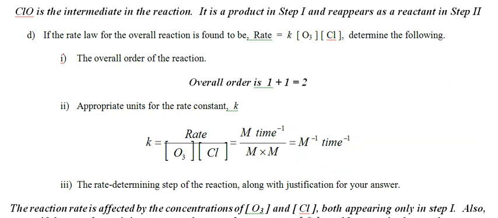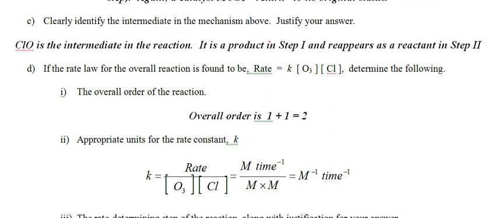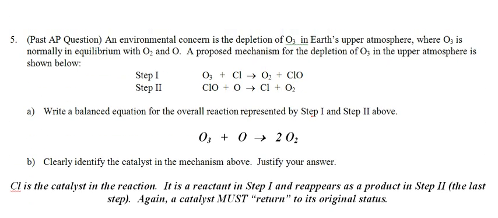Alright, the rate determining step, here we go. Based on our rate law here, ozone and chlorine show up in the rate law, but oxygen is not present. So our slow step must be the first step.